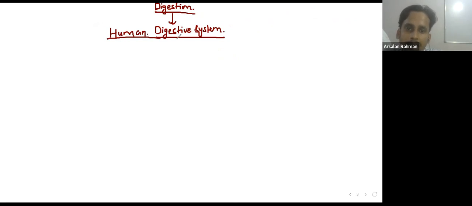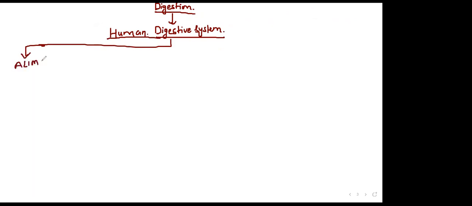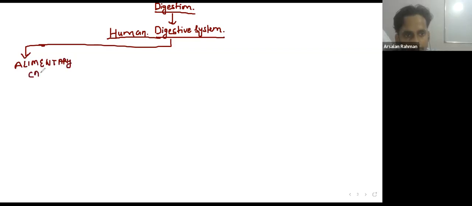We divide the human digestive system into two parts. First one is the alimentary canal. Have you heard about this term, alimentary canal? What is alimentary canal? Okay, I will tell you.